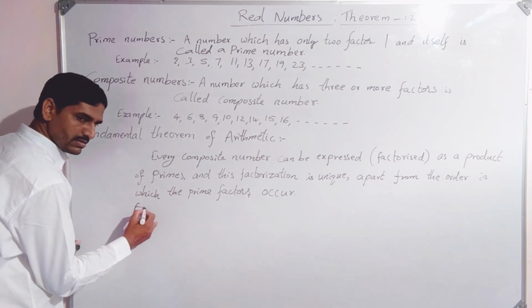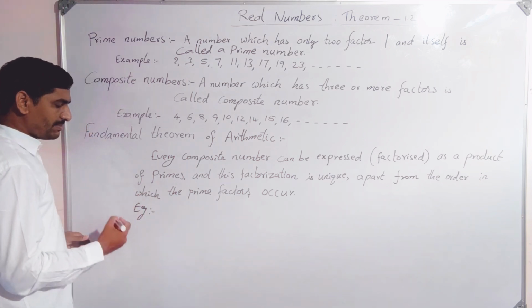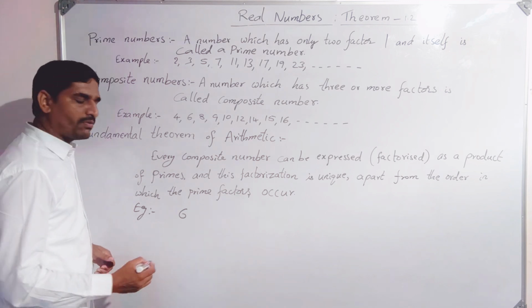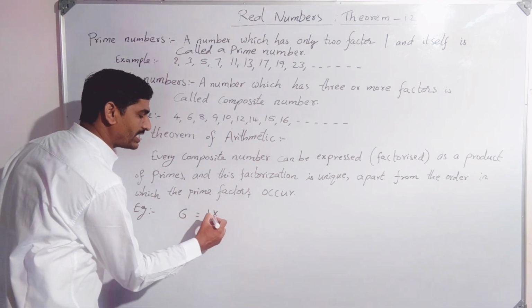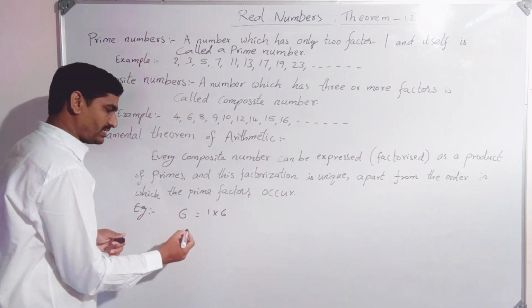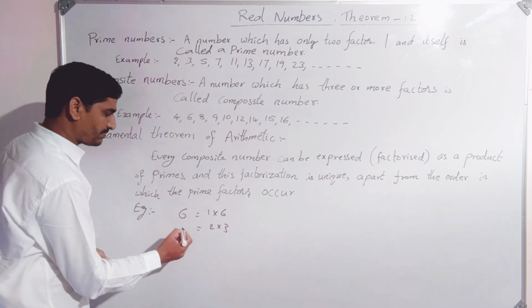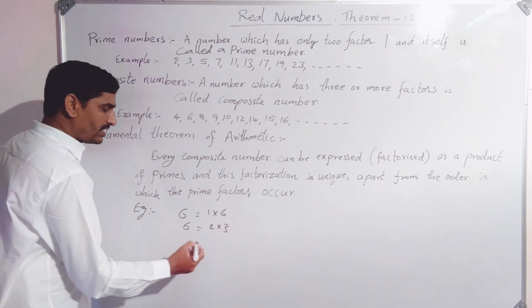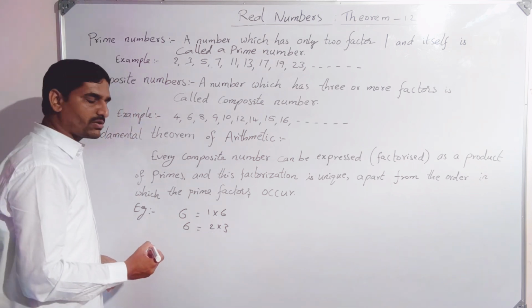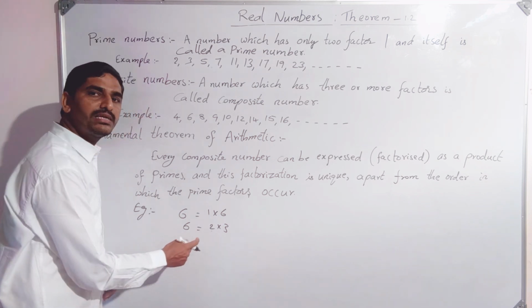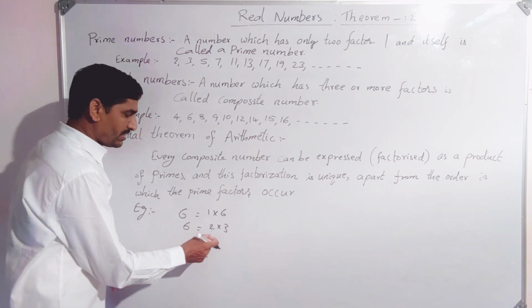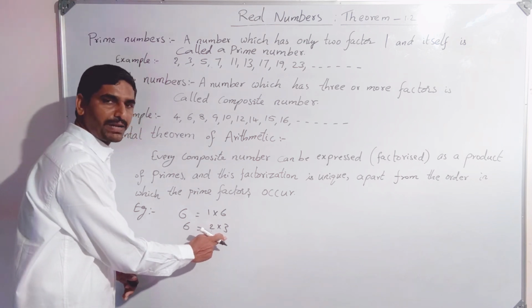For example, 6. What are the factors of 6? 1 into 6 we can write, or 6 1s are 6. Now 2 3s are 6, or 3 2s are 6. So here 2 into 3, that is 2 and 3, these are the two prime numbers. This 2 is a prime number, 3 is a prime number.